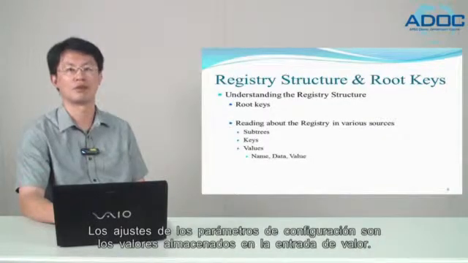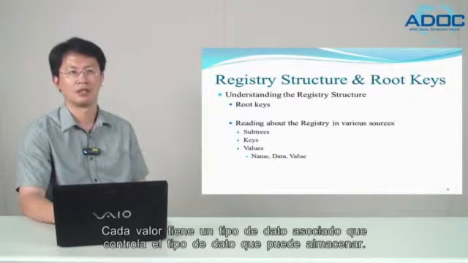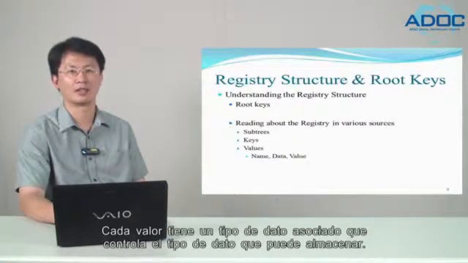The settings of those configuration parameters are the values stored in the value entry. And each value has an associated data type that controls the type of data it can store.